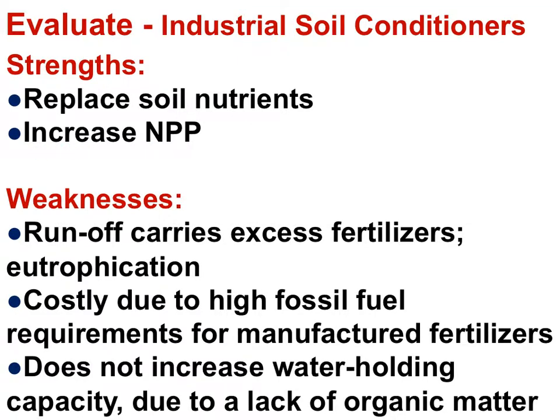The weaknesses would be the possibility of eutrophication due to the runoff carrying excess fertilizer. Also, fertilizers and lime are costly due to the high fossil fuel requirements for manufacturing those molecules. And lastly, they do not increase the water holding capacity because they lack organic matter.